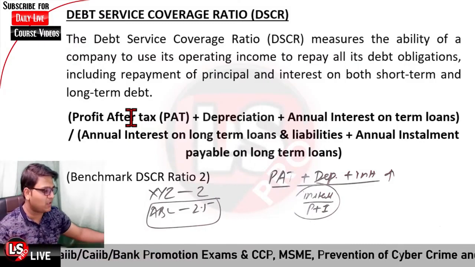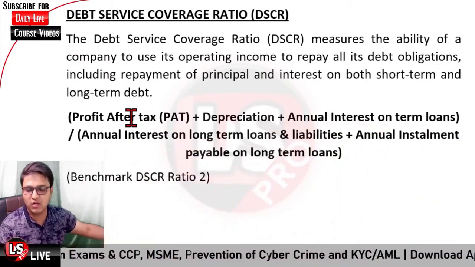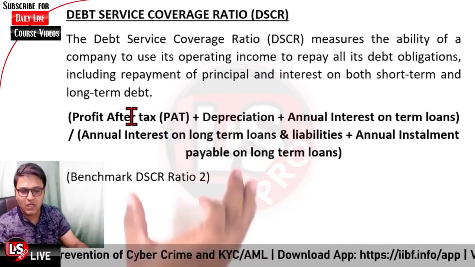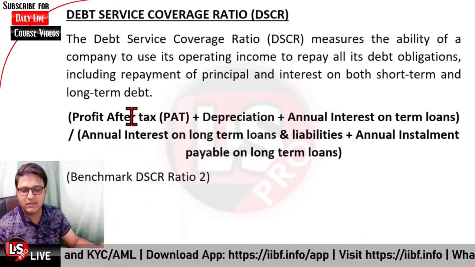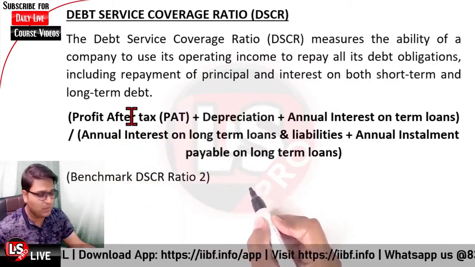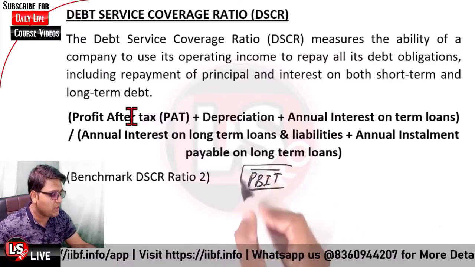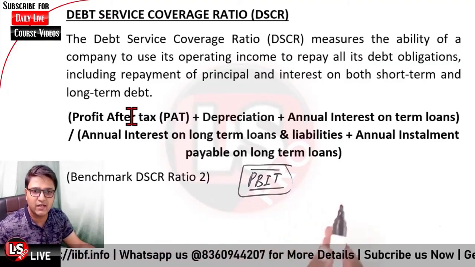And what is the benchmark ratio for the DSCR? It is 2. Other than the PAT, it may be that you are provided with the PBIT. Now what is PBIT? PBIT is profit before interest and tax.